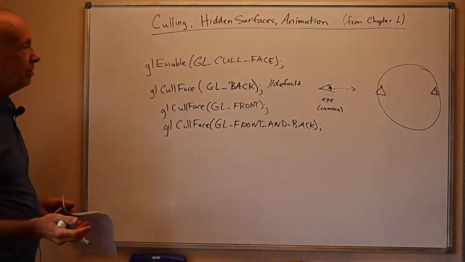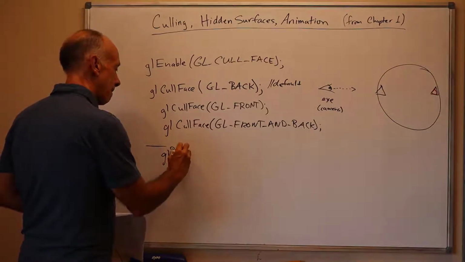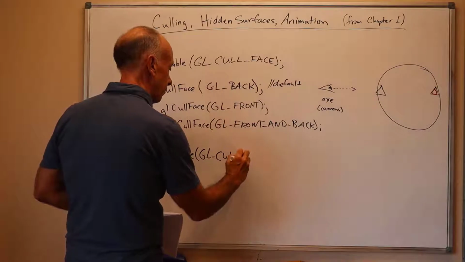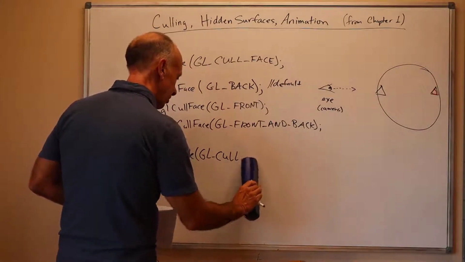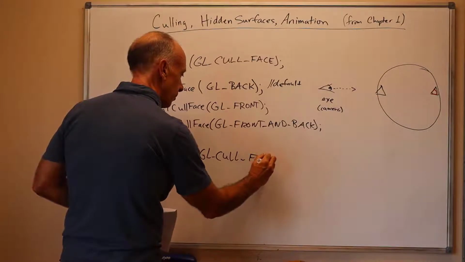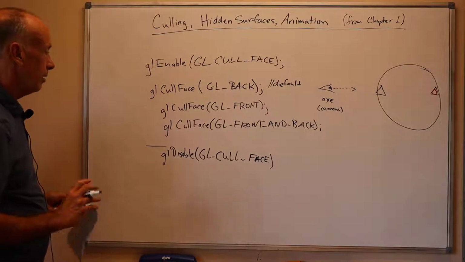When you want to turn culling back off, you can use glDisable(GL_CULL_FACE), with 2 underscores.